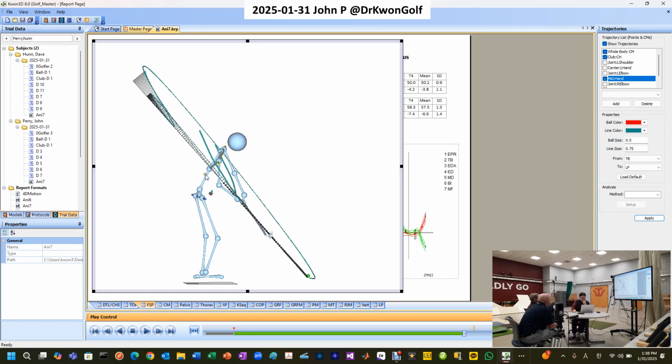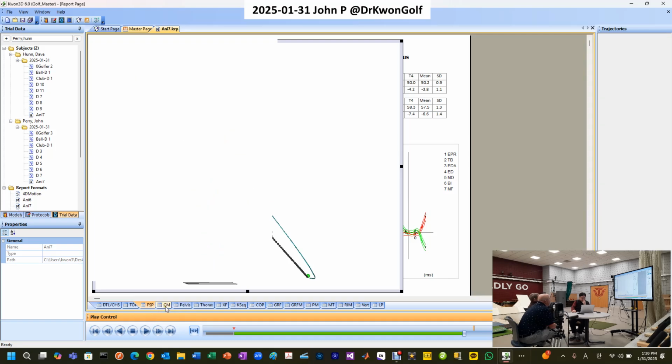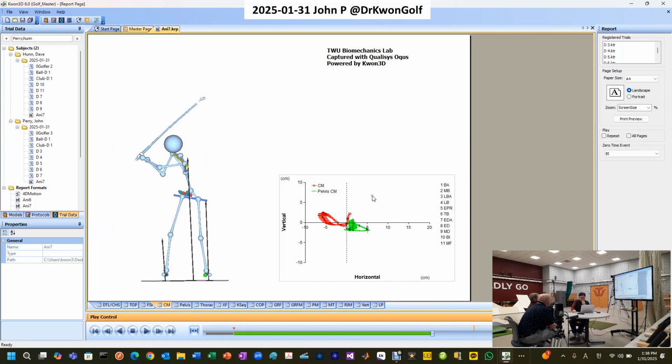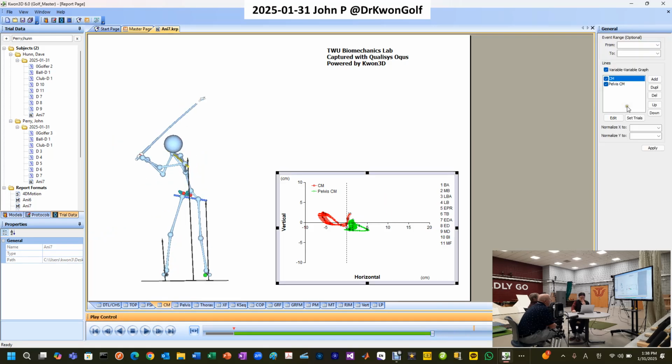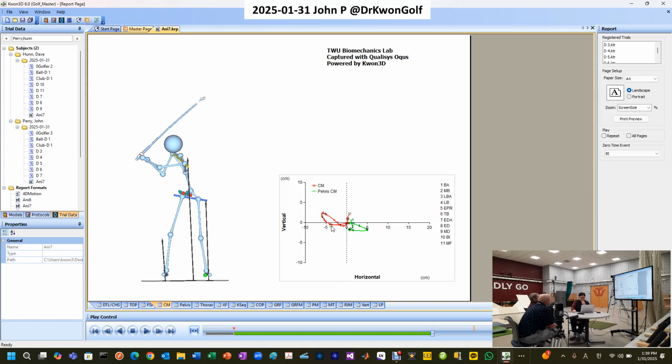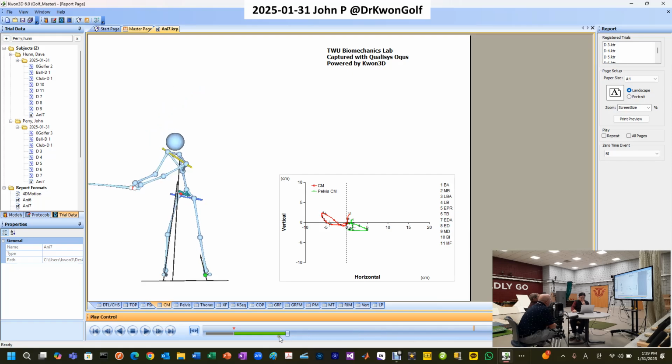So it's a bit stiff here. And then, the red line shows the whole body center of mass motion here. So initially, your center of mass is here.